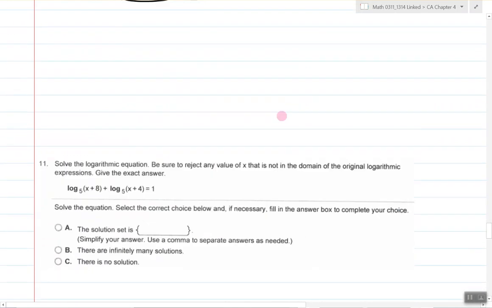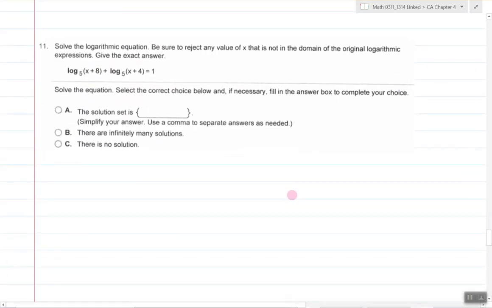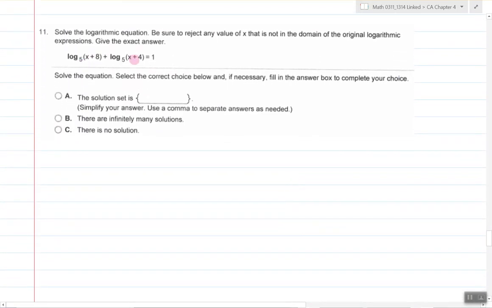Let's look at number 11. All right, now this has more than one log statement, so I need to remember that the sum of two logs is equal to the log of the product. I'm condensing. This will be log base 5 of x plus 8 times x plus 4, and that equals 1.